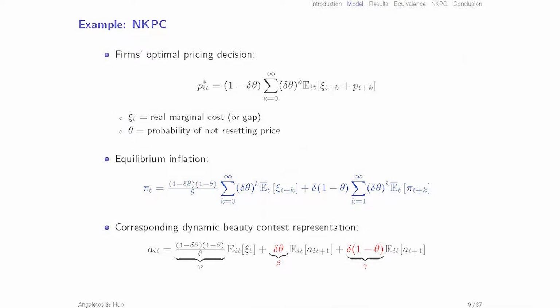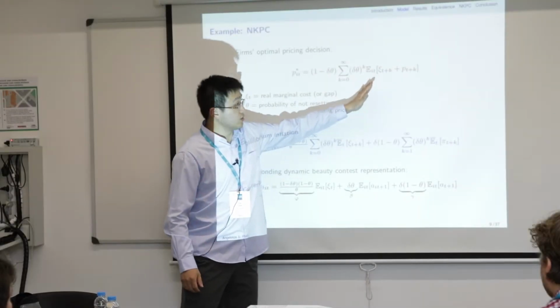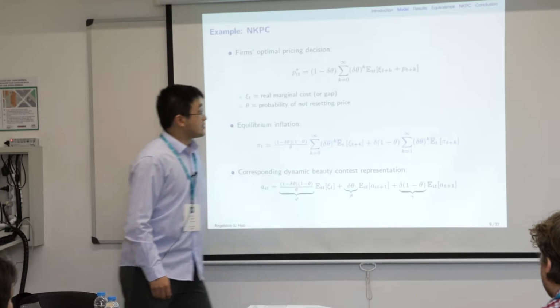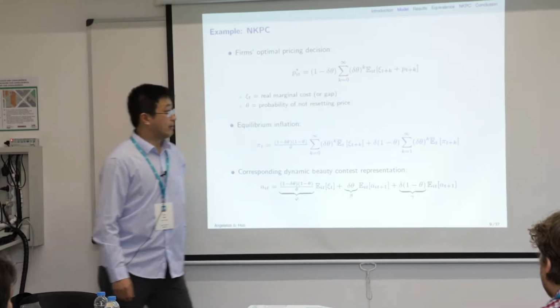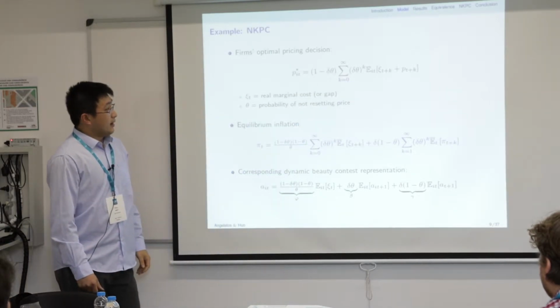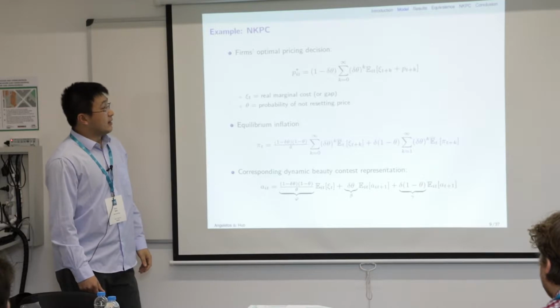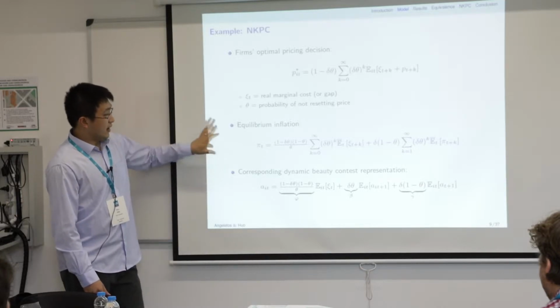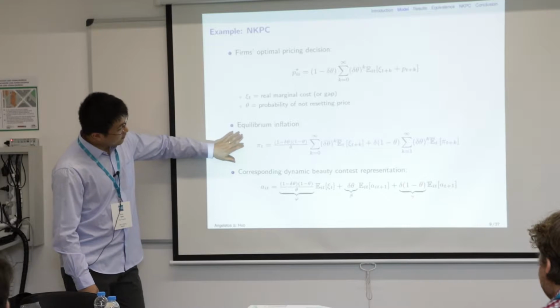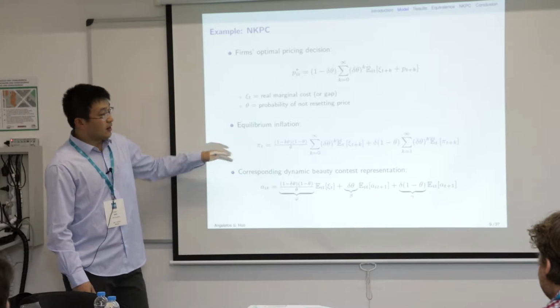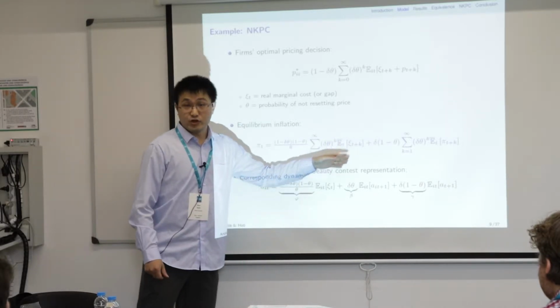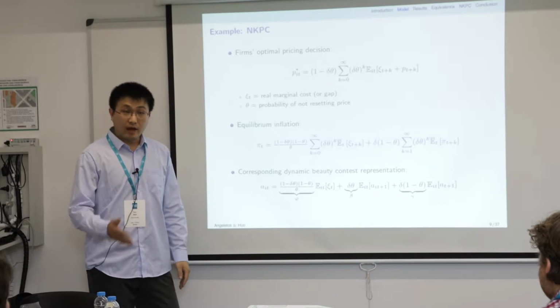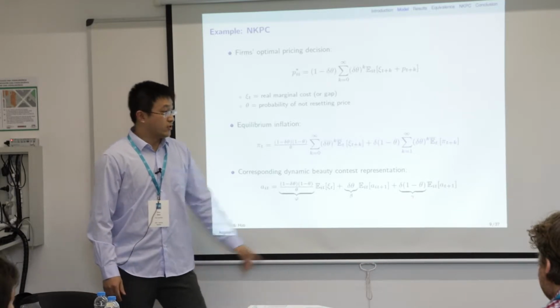And here, think about this c_t, in this case, as the real marginal cost, and this is the aggregate price. And theta is the Calvo probability. If you aggregate this individual decision, in equilibrium the inflation rate can depend on the entire path of current and future real marginal cost, and also the entire path of current and future inflation rate.